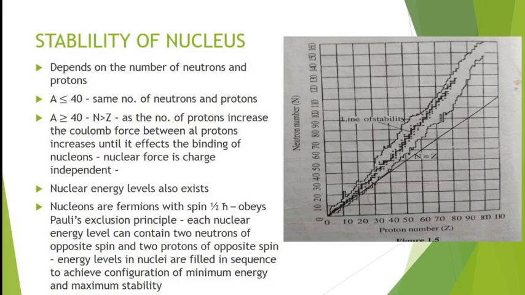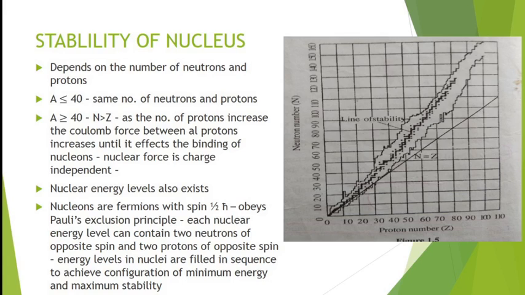And these energy levels in nuclei are filled in sequence in order to achieve the configuration of minimum energy and maximum stability. You can just think of how you have filled the electrons in several energy levels. We will draw the spin up and spin down from the lower energy levels, isn't it? So that lower energy levels are filled first in order to attain maximum stability.